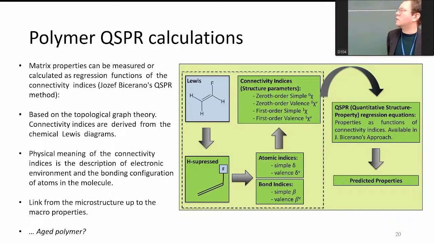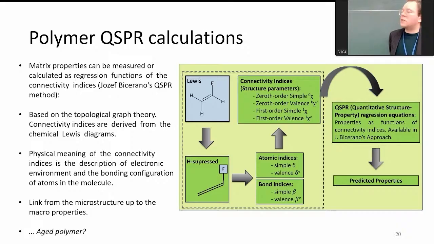QSAR is quantitative structure activity relationship. QSPR, quantitative structure property relationship, is a method that was developed mainly for drug discovery, so for medicinal pharmaceuticals. But it has also been taken over in the polymer and materials sector by DuPont.